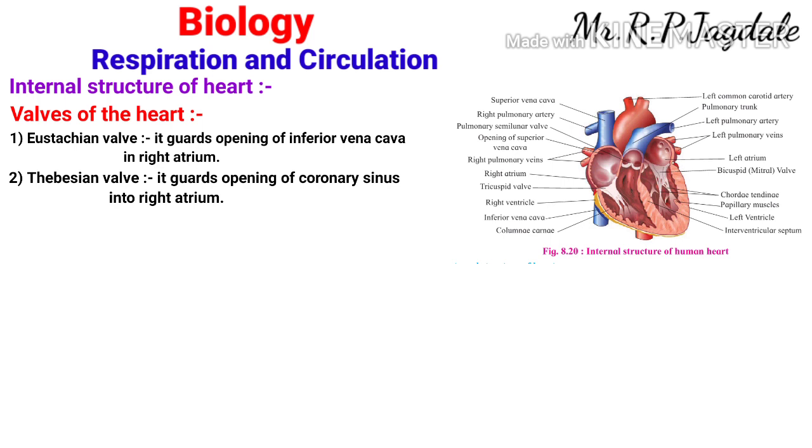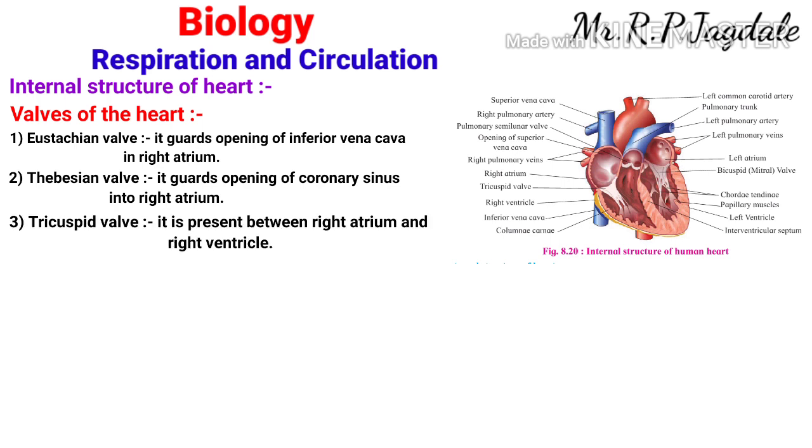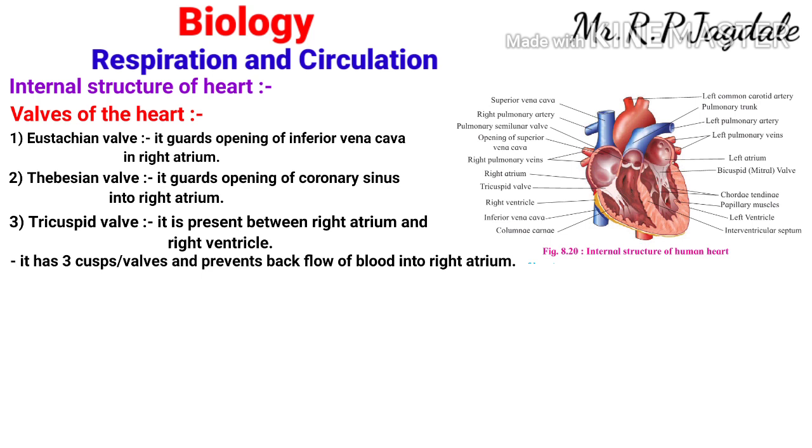So what is the tricuspid valve? It is present between the right atrium and right ventricle. That means you can see in the structure the right atrium and right ventricle, and in between that you can see a white structure. This is called the tricuspid valve. Okay, it has 3 flaps or cusps. That's why it is called the tricuspid valve.